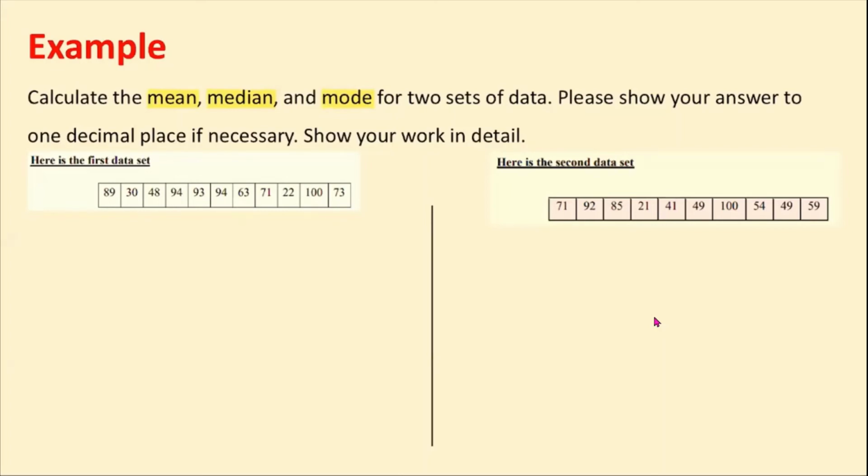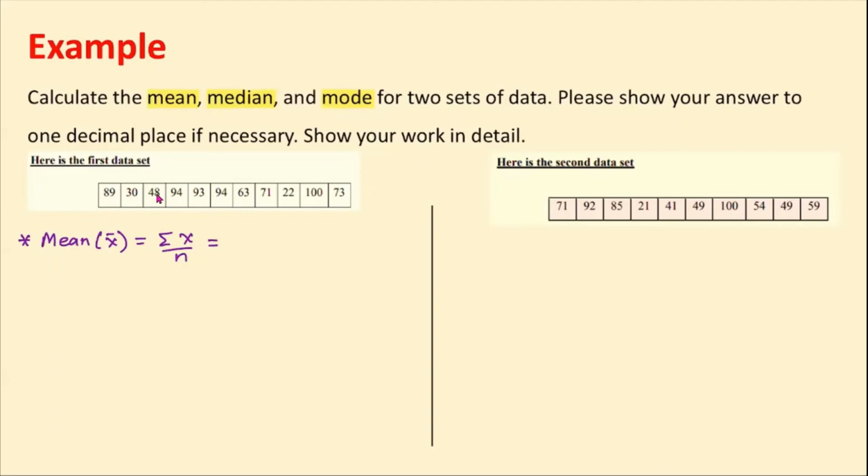For the first part, let's start with the mean. The mean, denoted by x bar, is the sum of x divided by n. That is, we have to add all these data values and then divide by n.